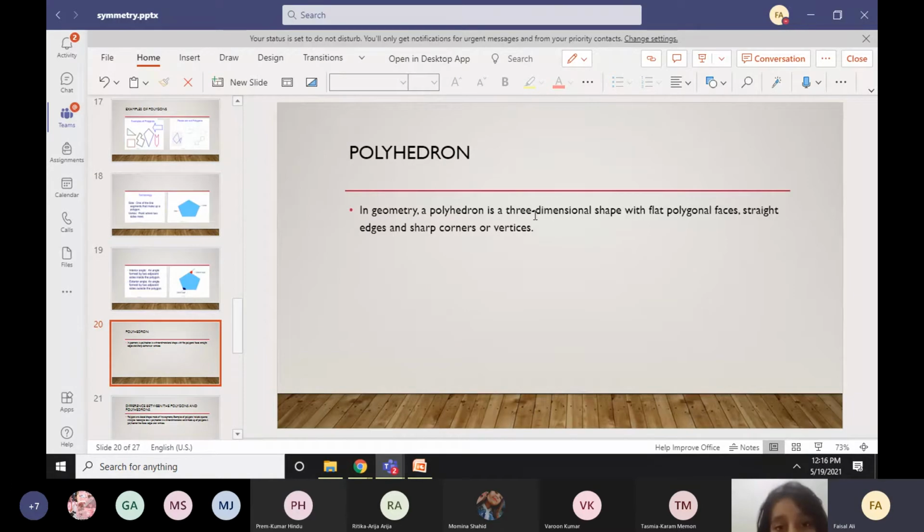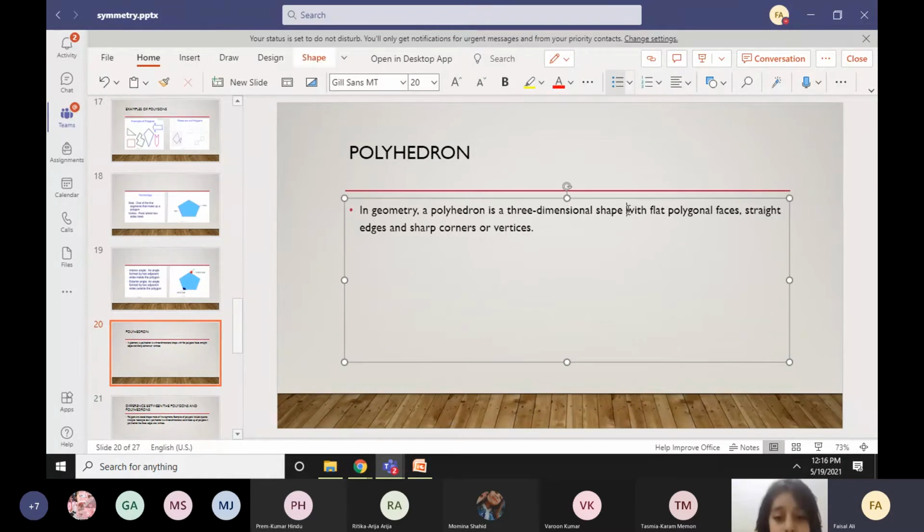Your notebook page or book page is 2D, because there is only length and width. But your room is 3D. Your classroom is also a 3D shape. Whereas polygons are 2D shapes, polyhedrons are 3D shapes.